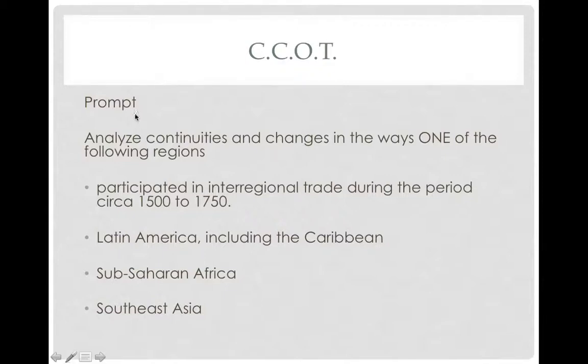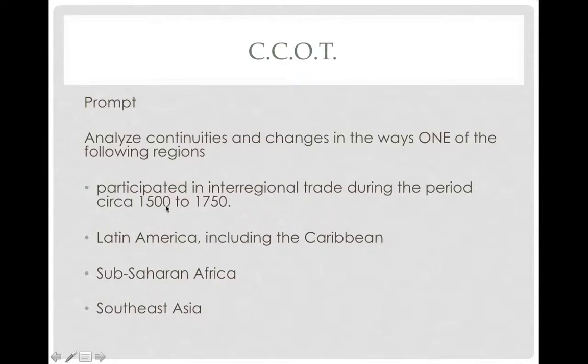This is the prompt from last year's exam, the 2014 one, and it asked you to analyze continuities and changes in the ways one of the following regions participated in inter-regional trade during the period from 1500 to 1750. So it's asking you to identify one of these three places.